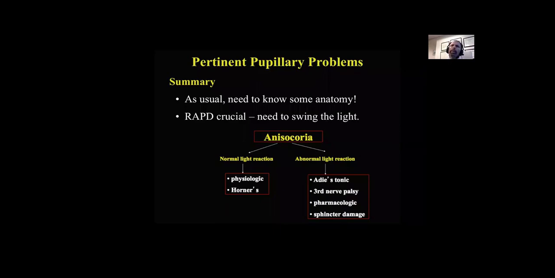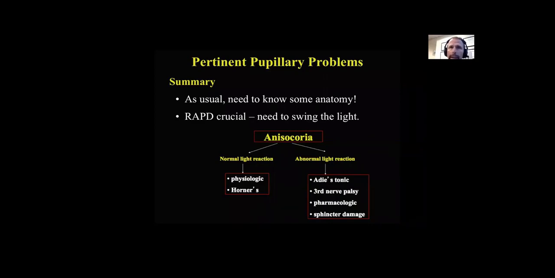Can you explain reverse RAPD anatomically? Sure. I think I might have already explained this, but I hate the term reverse APD because it's not really. The best way to talk about it is I see a relative afferent pupillary defect by the reverse technique. So it's not really a reverse APD. If there's an APD on the left and the left pupil doesn't work, I'm going to swing the light and look at the right pupil.